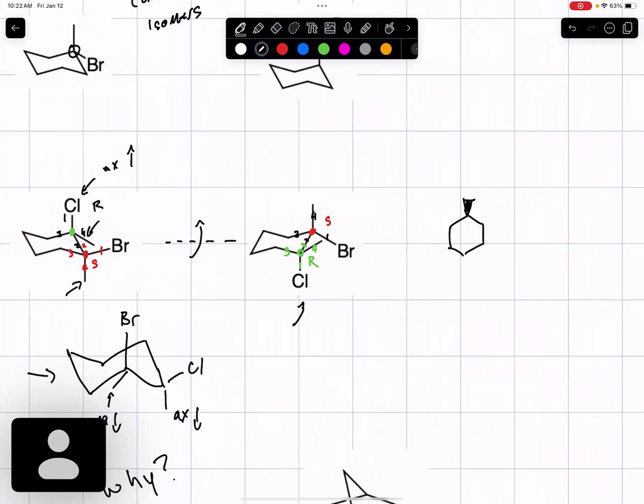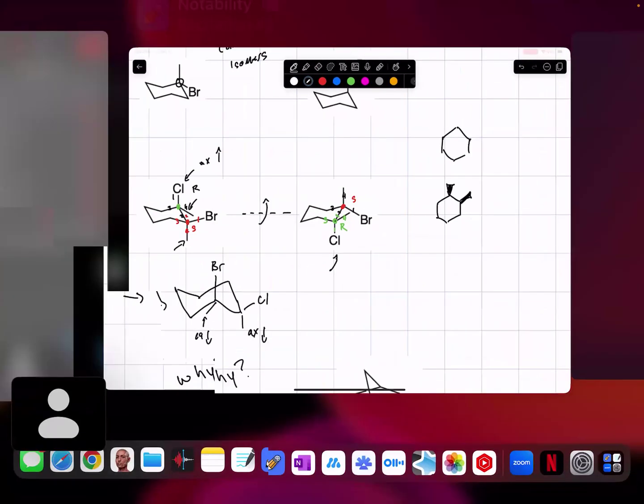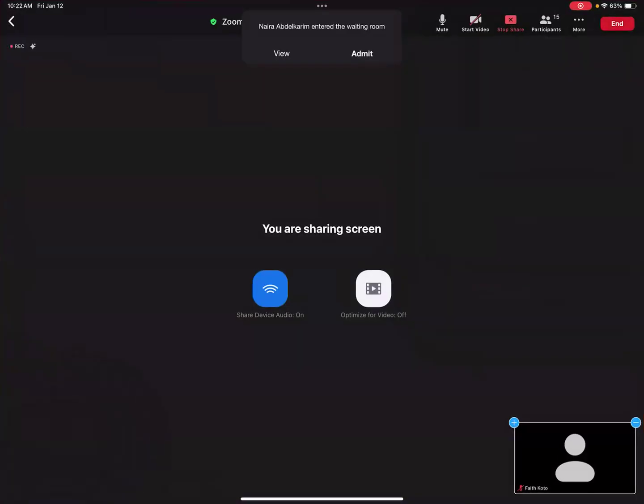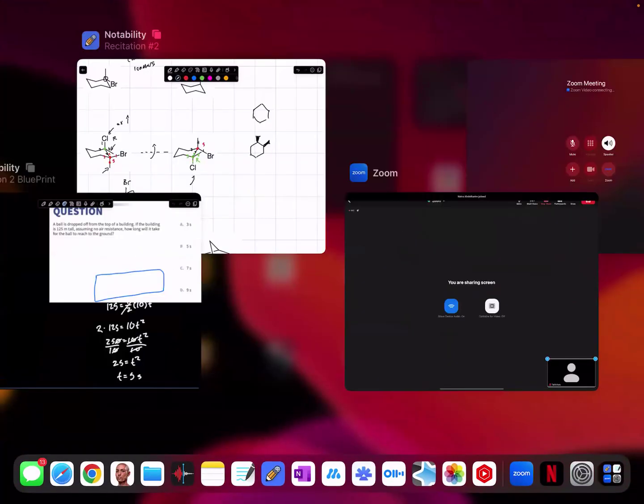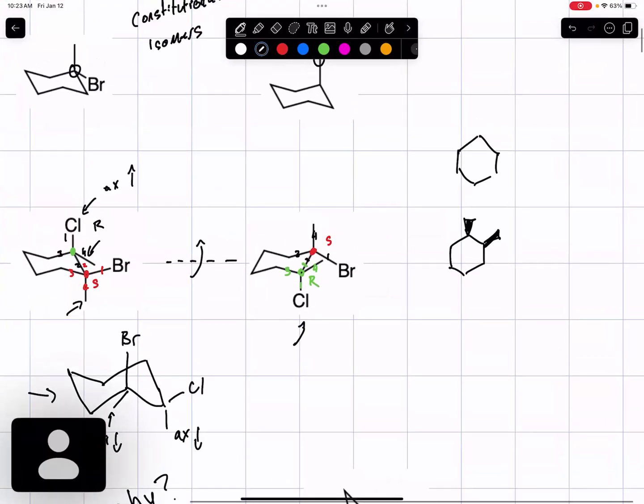Okay, so if you get a question where you have something like this, maybe something a little bit more like that. And I told you now that this molecule looks like this. This is not, it's an enantiomer.